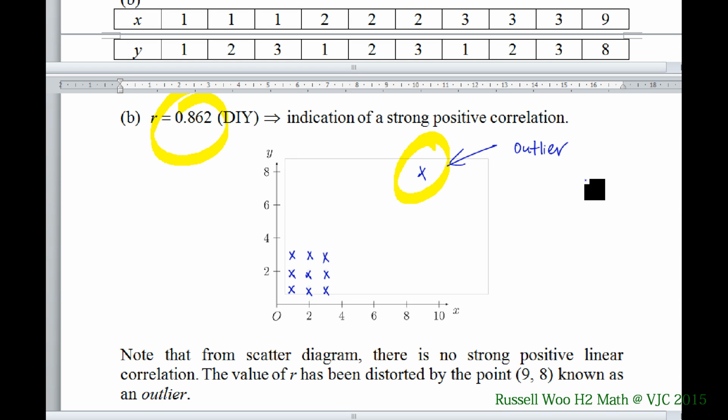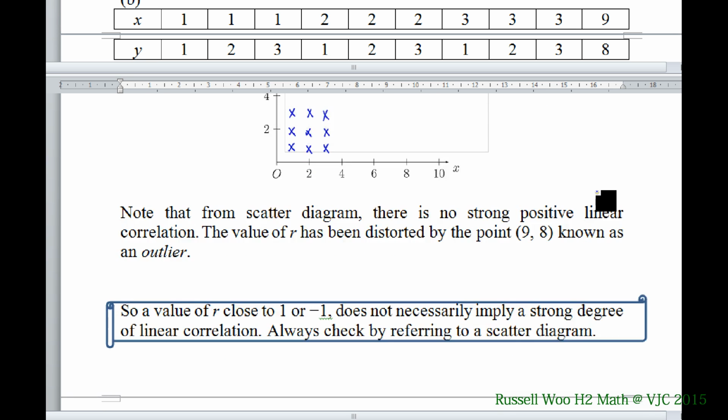But if you look at the scatter diagram, then you must be very cautious. Okay? Enough of that. So, I want to emphasize this. The value of R close to 1 or minus 1 does not necessarily imply a linear relationship. You must always check by referring to a scatter diagram.